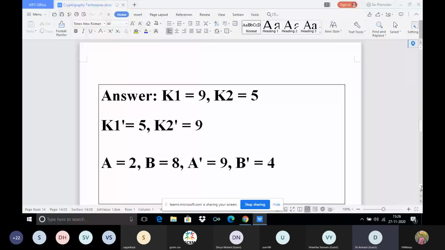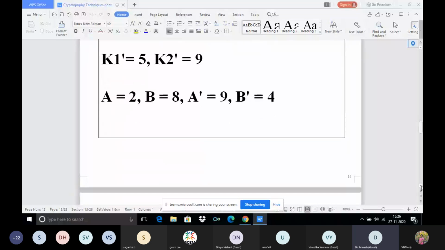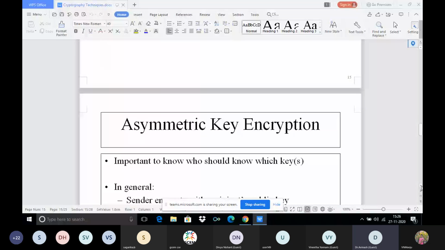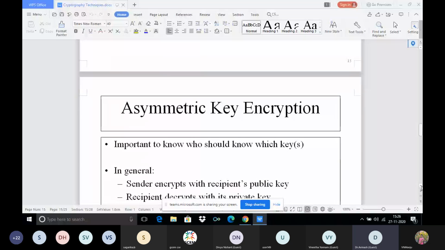When k1 is exchanged, that is, the sender and the receiver exchange the value, we denote this as k1 dash, that is 5, and k2 dash, which is 9. By this way we can see how the two values, k1 and k2, are generated in the symmetric cryptographic method.